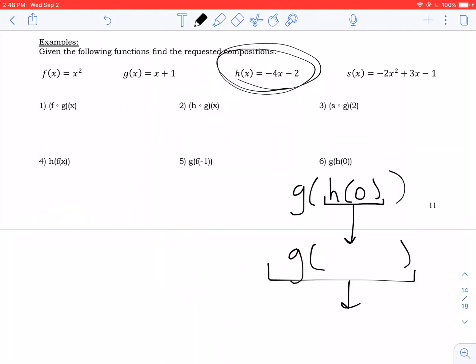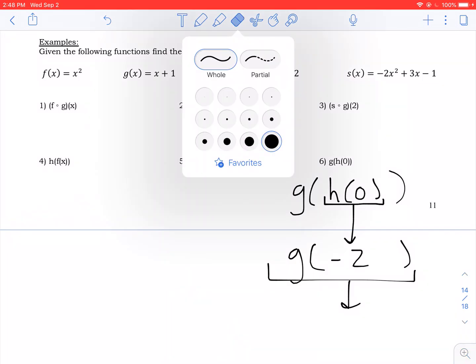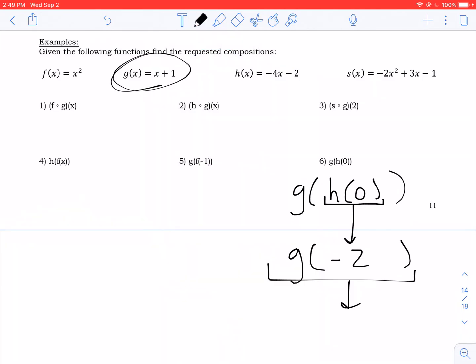H of 0, that's negative 4 times 0 minus 2. Well, that's just 0 minus 2, so it's negative 2. Then what's g of negative 2 to get a final answer here? G of negative 2 is negative 2 plus 1, which is negative 1.